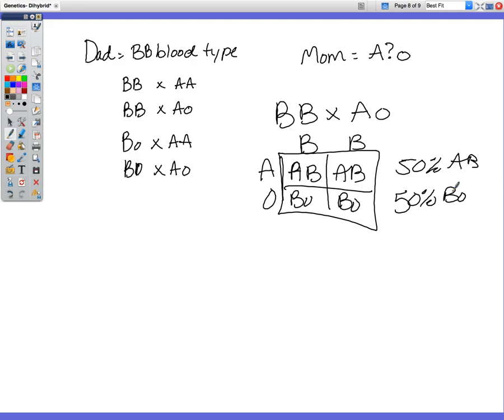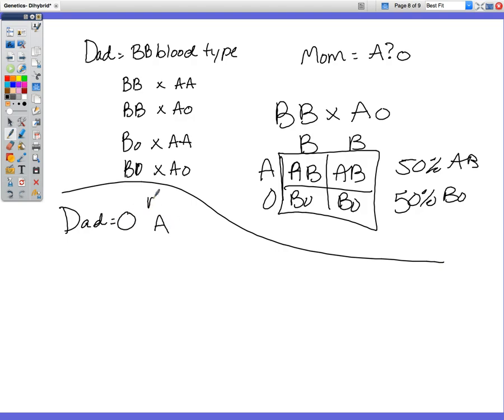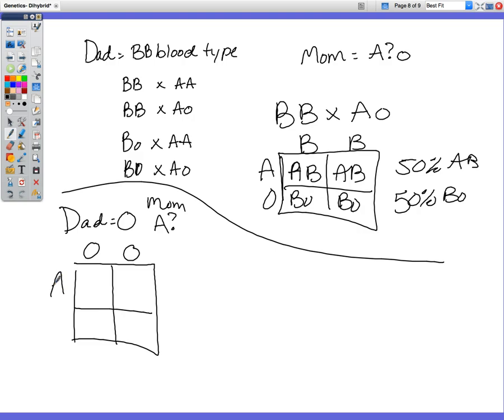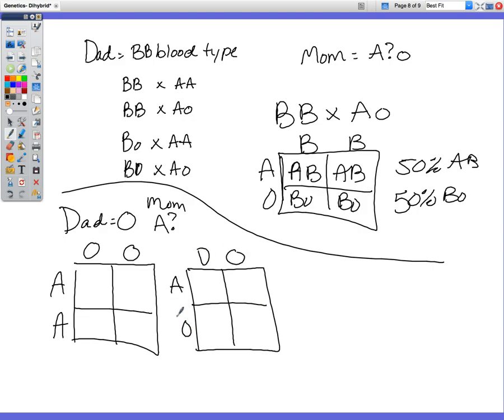Okay, so let's say we know dad is O blood type. And mom is A. So this time we're going to have to do two Punnett squares. So dad is O, mom is A, but we don't know if she is AA or AO for heterozygous.